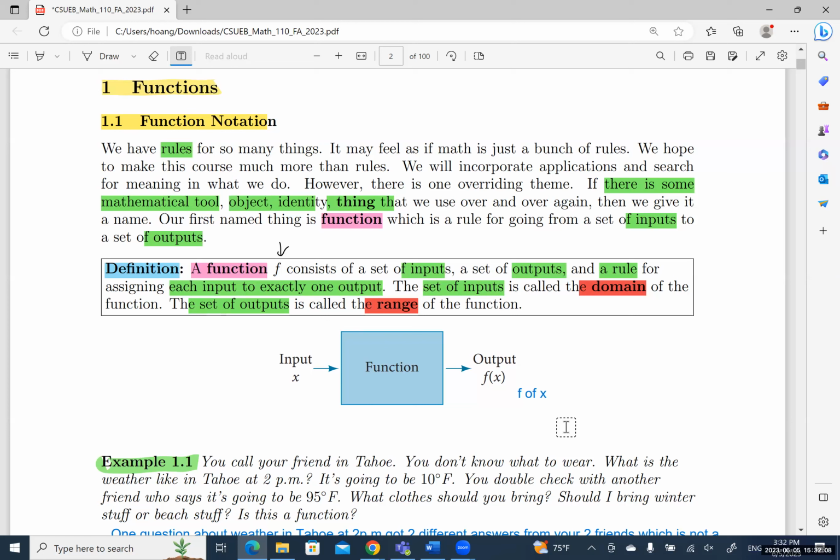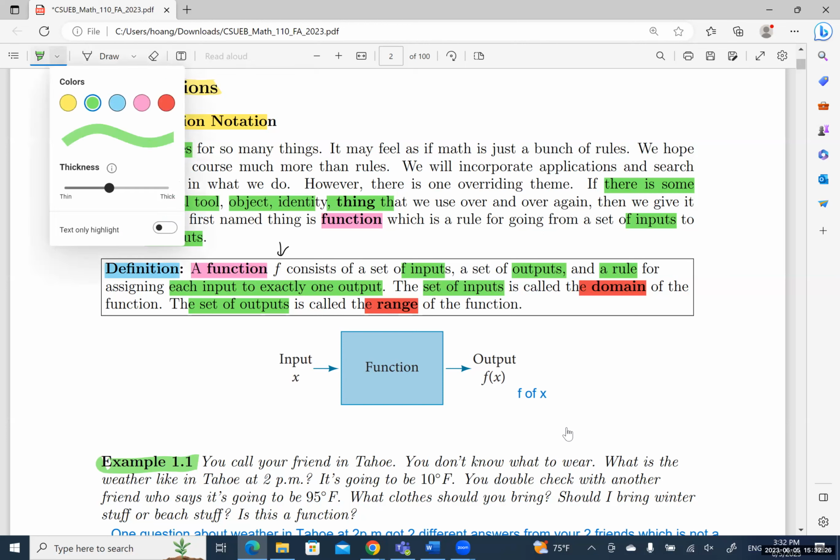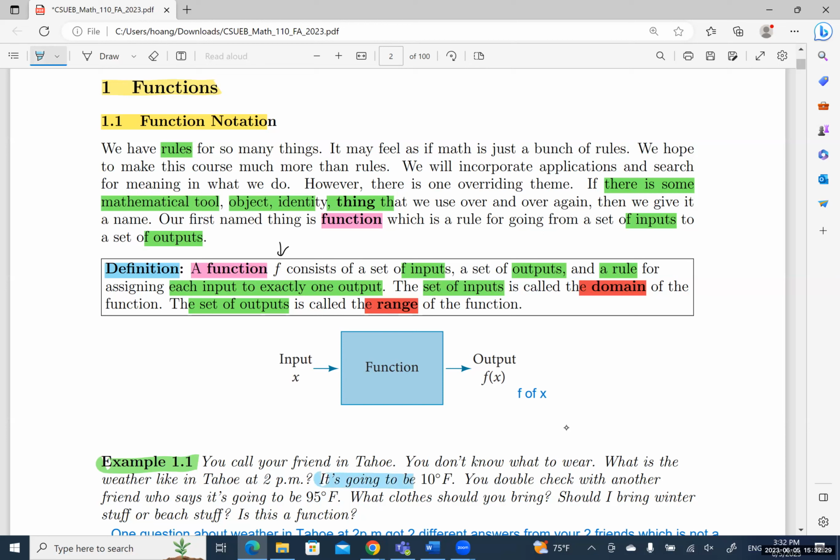What is the weather in Tahoe at 2 p.m.? So the first friend says it's going to be 10 Fahrenheit, right?